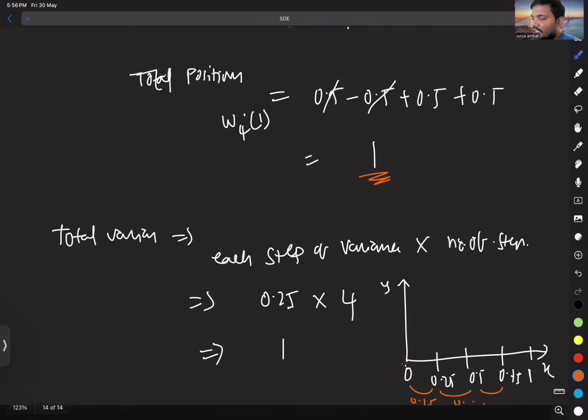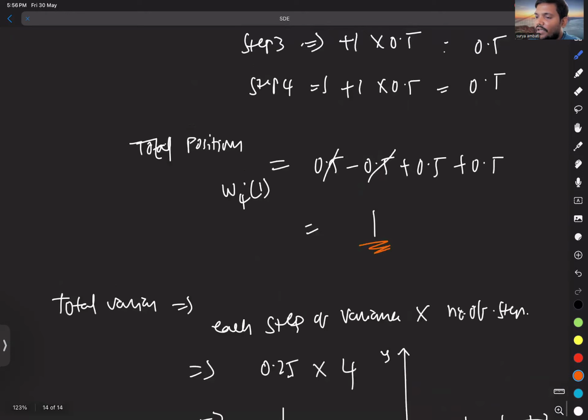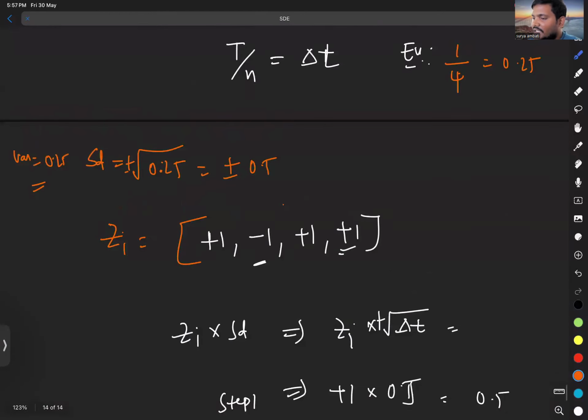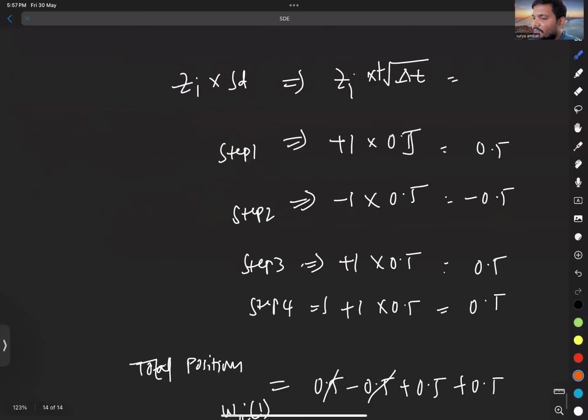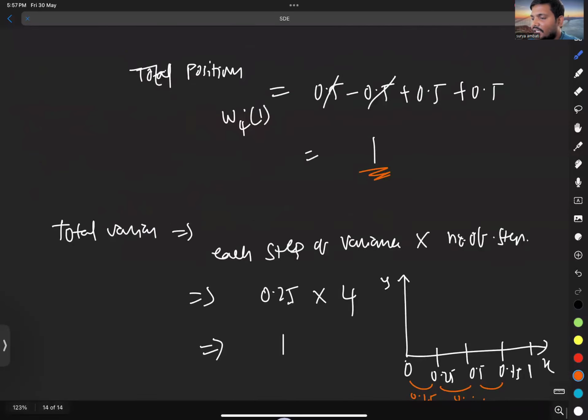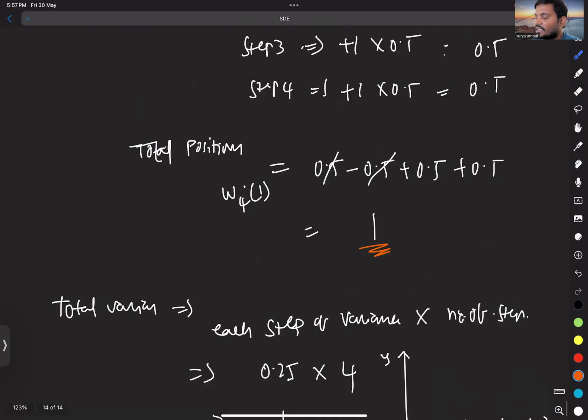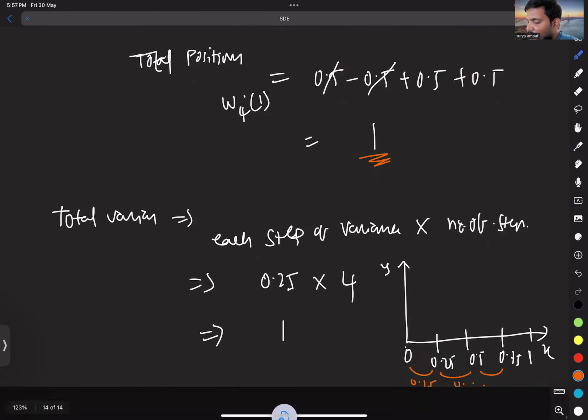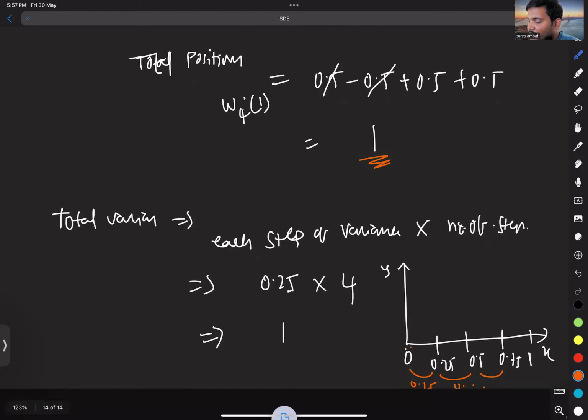So we know the deviation is 0.5. What does it mean? He took 4 steps. What are those 4 steps? First, right direction, left direction, and again 2 right directions. So the first step, he took the right direction, right?